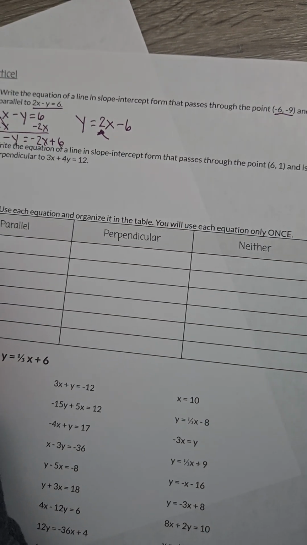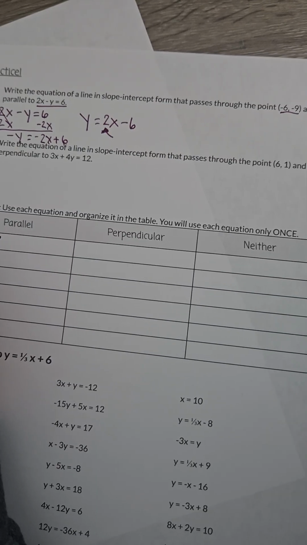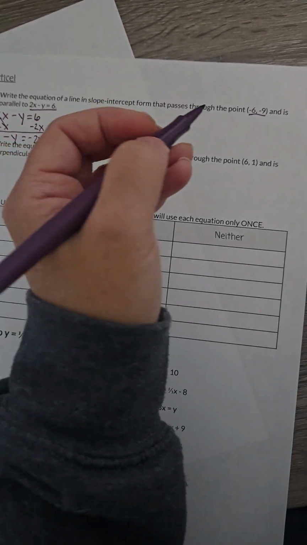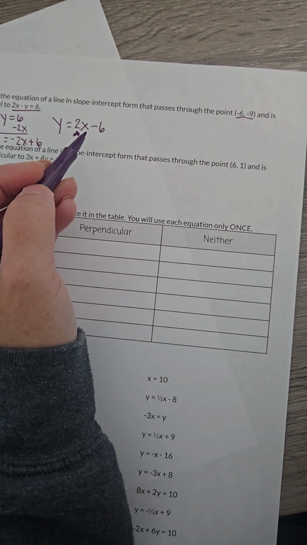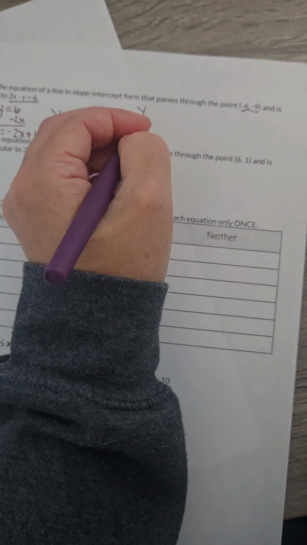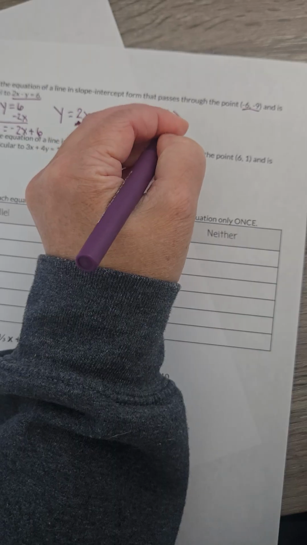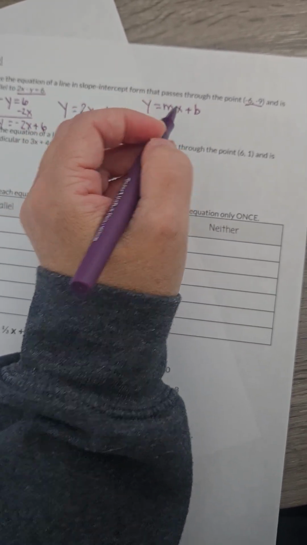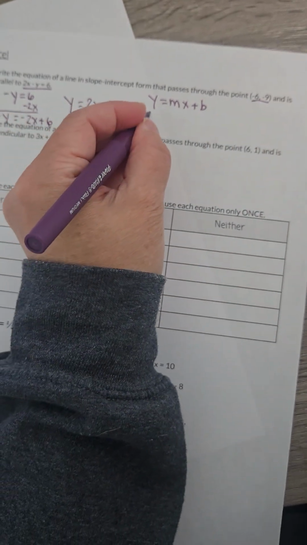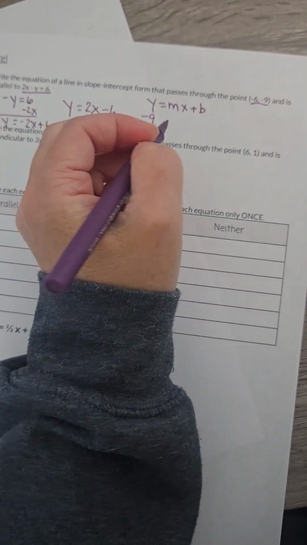Okay? So in order to find your new equation, what you're going to do is take this point and this slope and put it into slope-intercept form. So we're going to take y is equal to mx plus b, and you're plugging in the -9 where you see a y.